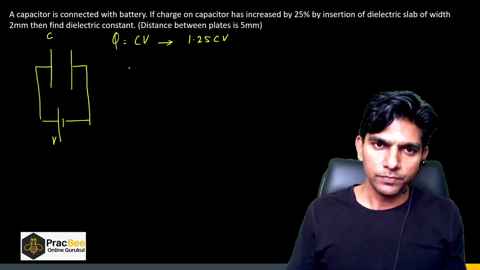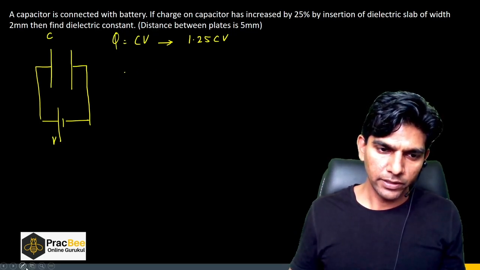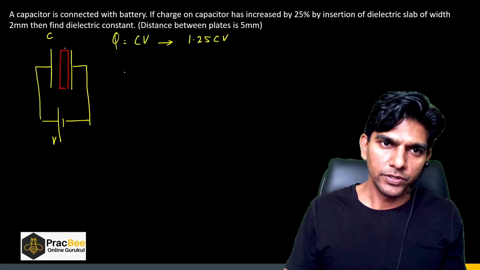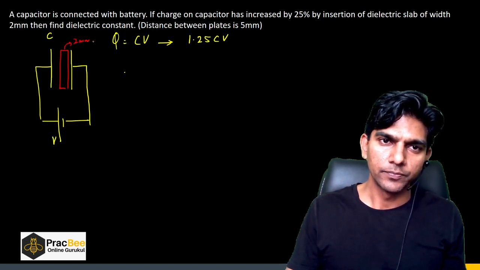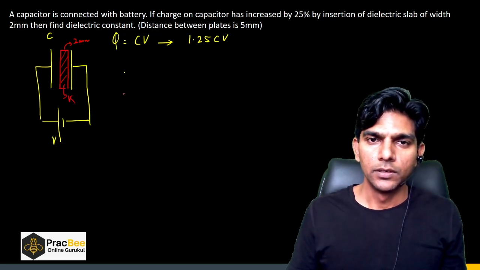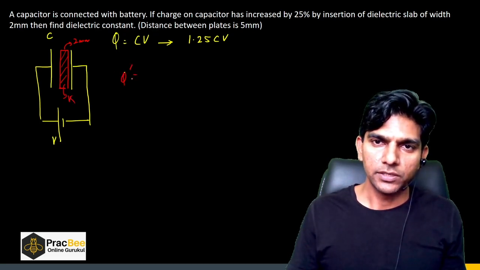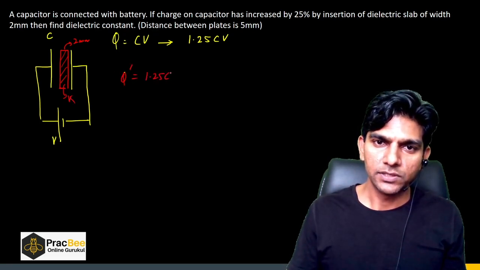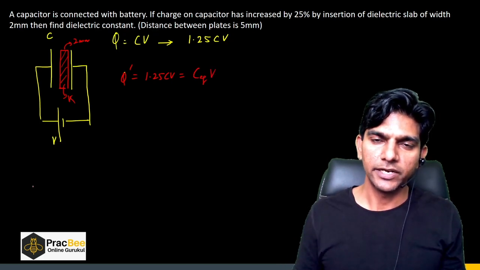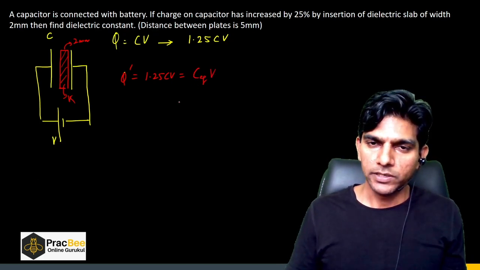Okay, right. So now we have placed a dielectric slab and the width of the dielectric slab is 2 millimeter. Let us assume that the dielectric constant is K. So here the new charge is 1.25 CV, or I can say it is the new capacitance times the potential, right? So what is the new capacitance?